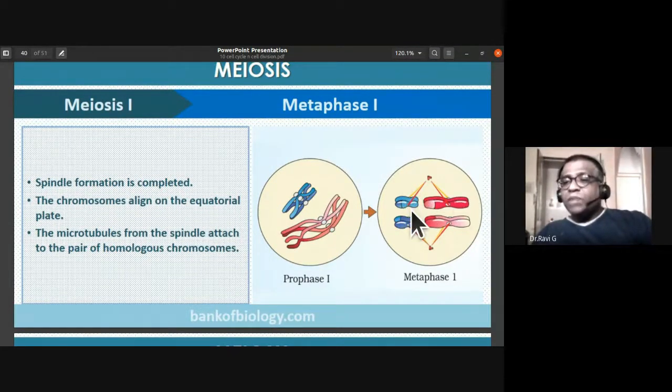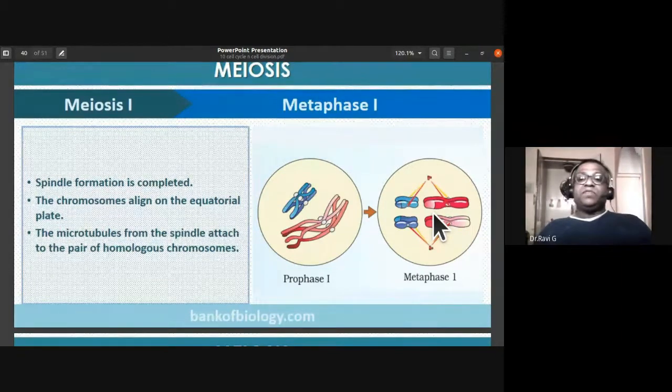These are the important points you should notice in metaphase one, which is completely different from mitotic metaphase. There is separation of homologous chromosomes, and you can already notice haploidy taking place. These are things you have to remember in metaphase one.